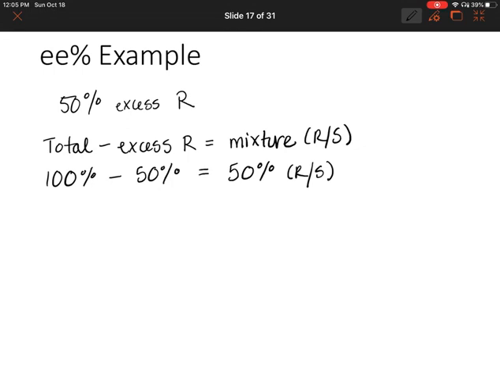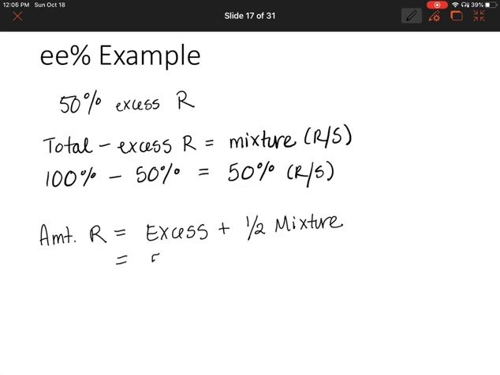All right, so now the amount of R will equal the amount of excess plus half of the mixture. Because remember, half of the mixture is R, half of the mixture is S. And then we have our excess R as well.